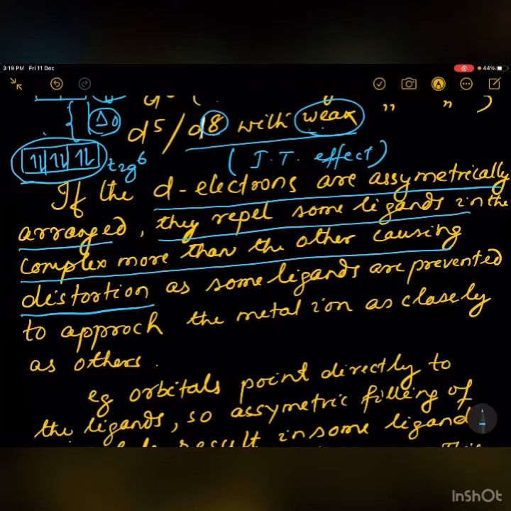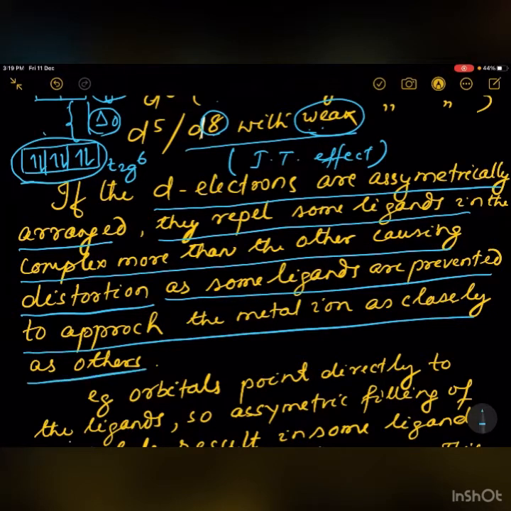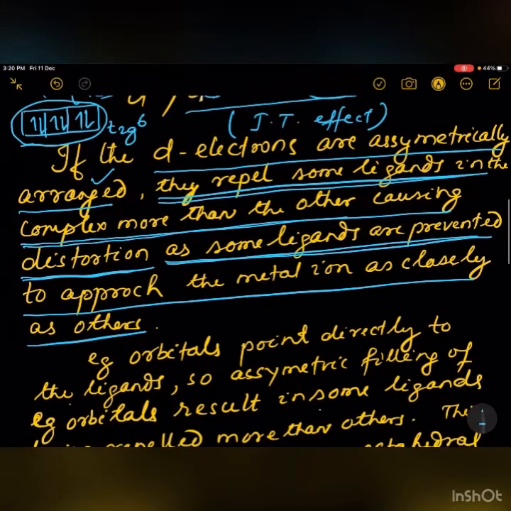Distortion means the original octahedral complex will be distorted and the shape will be different from the normal octahedral complex, as some ligands are prevented from approaching the metal ion as closely as others.